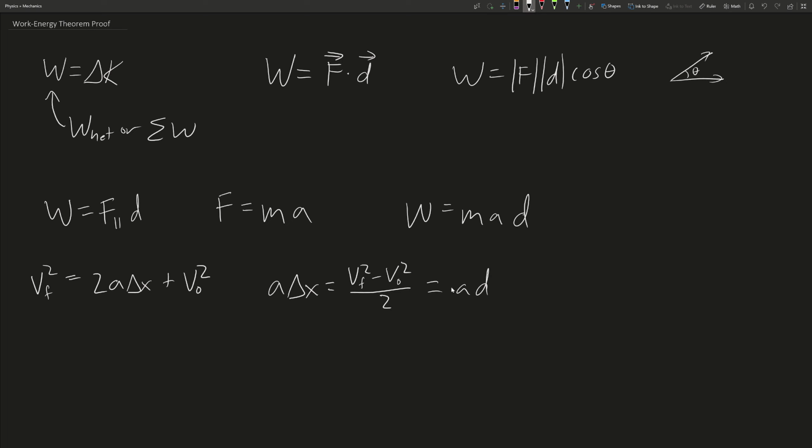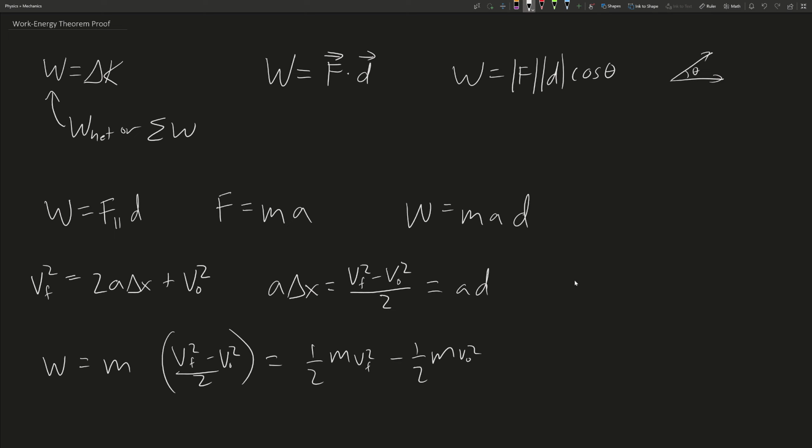So now we can substitute this in for the work equation, and that gives us that work is equal to mass times Vf squared minus V0 squared, or this can be Vi, that's just a notational difference, divided by 2. And distributing this out, we get work is equal to 1/2 mVf squared minus 1/2 mV0 squared.